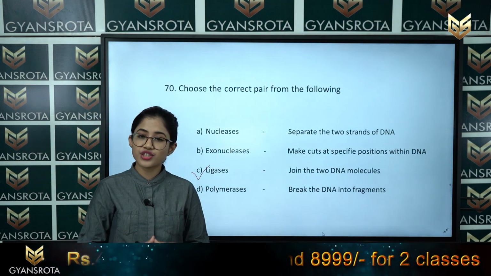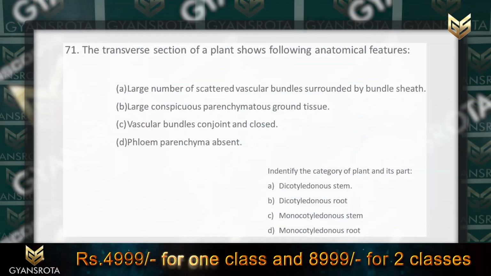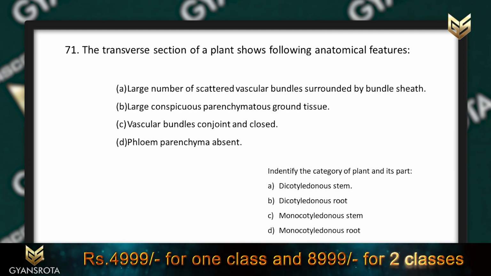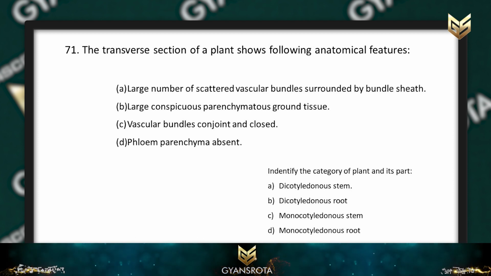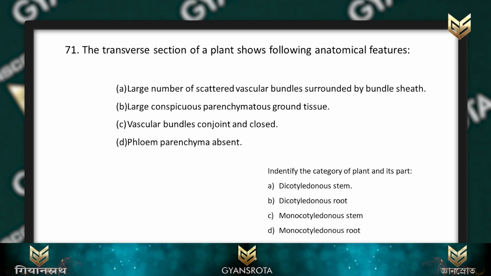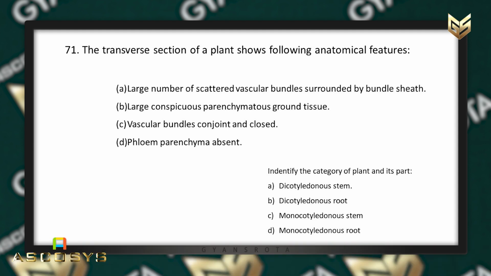Now, let us see the next question, student, that is question number 71. The transverse section of a plant shows the following anatomical features. First one is a large number of scattered vascular bundles surrounded by bundle sheath. Next is statement number B, that is large conspicuous parenchymatous ground tissue.